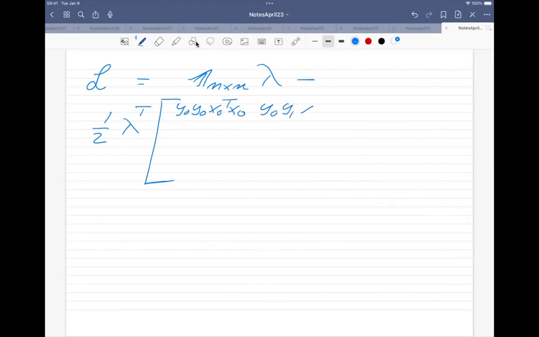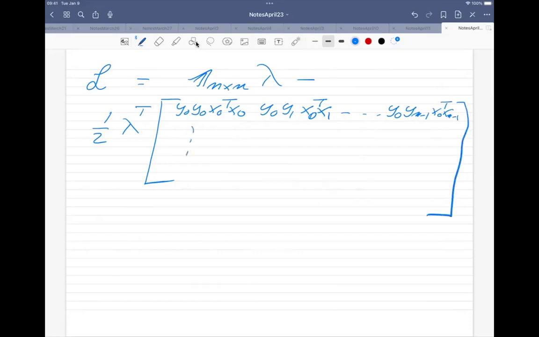Then y0, y1, x0 transpose times x1, and this goes all the way up to y0, y n minus 1, x0 transpose, x n minus 1.